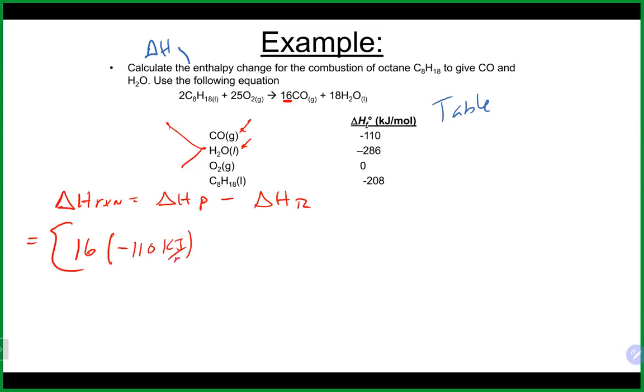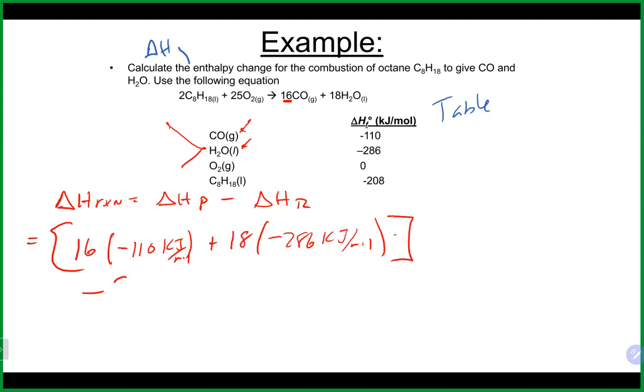And that's really kilojoules per mole. We will then add it to 18 times the value there of our H2O, which is minus 286. And then we will have taken care of all of our products.